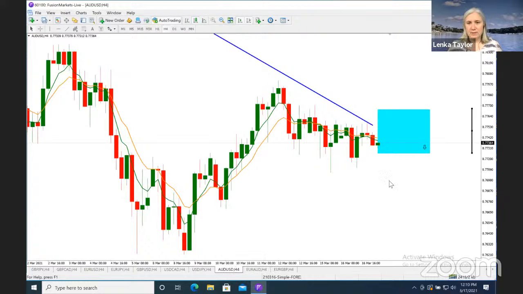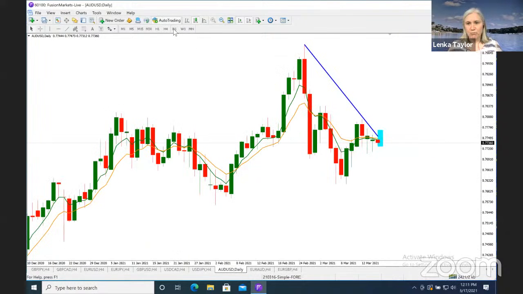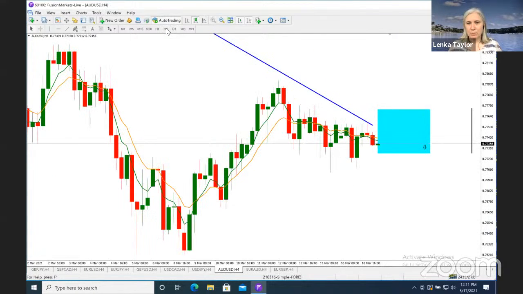AUD/USD is at the moment going sideways. It's still potentially looking like a short on the short time frame, with possibly a long on the longer time frame, but there's no real decision here yet, so I'm still waiting for some good price action.